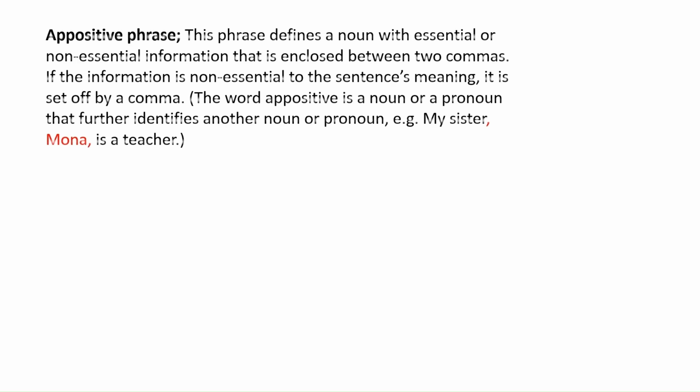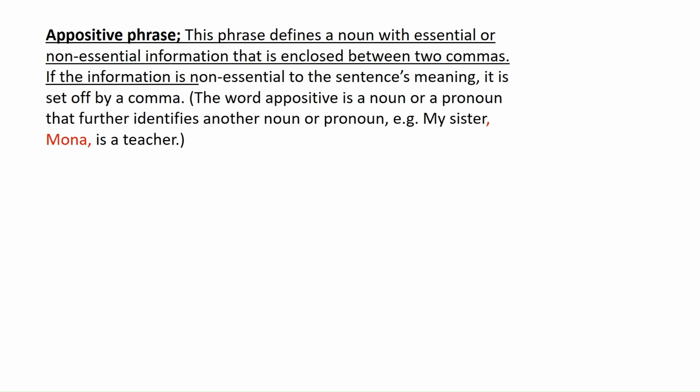The word appositive describes a noun or a pronoun that further identifies another noun or pronoun. And the appositive phrase is a phrase that defines a noun with essential or non-essential information that is enclosed or put between two commas. Look at this example.